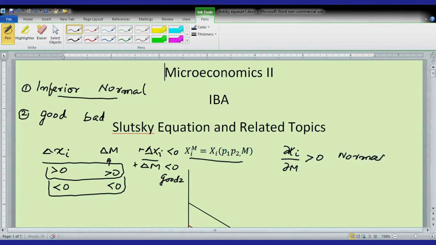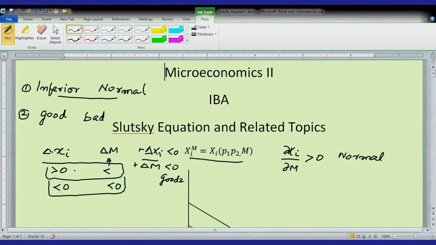On the other hand, if things are a little bit different, for example, suppose that when income decreased, so that the change in income was less than zero, we observed that the consumption of the good increases, so that the change in consumption was greater than zero.